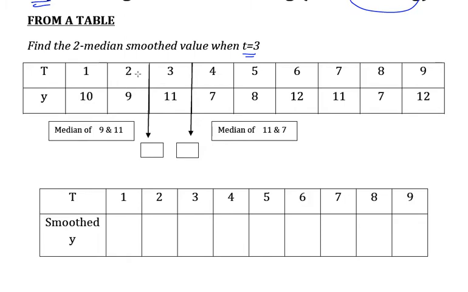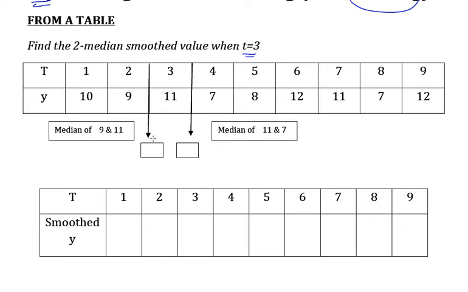So in between t is 2, t is 3, in between t is 3, t is 4. That's a bit of a mouthful. So, same process, I like to put these arrows down either side just to indicate I'm finding it for each side before I then find the average or the median of those to get my final smooth value for y. So, for this first one, we can see we need the median of 9 and 11.